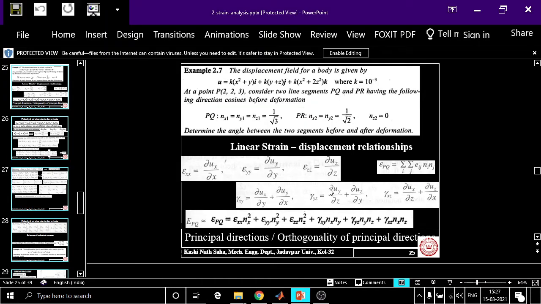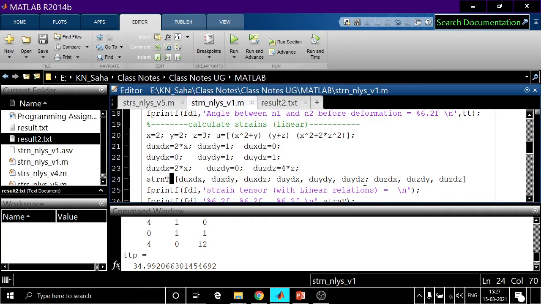This part is missing, and that correction is required. That is one of the modifications required. These are only the derivative parts, but to make this strain tensor we have to calculate those.